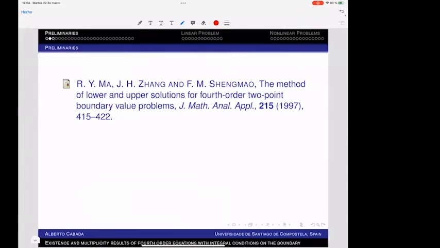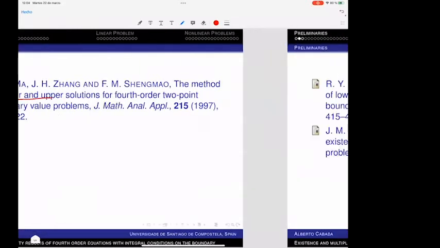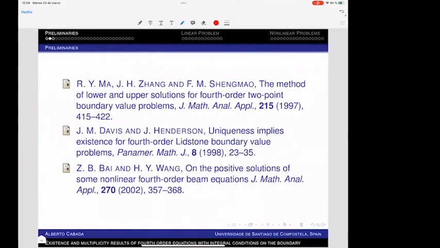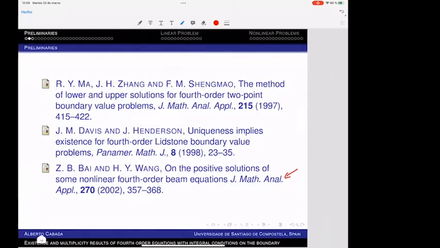This paper uses the lower and upper solution method. Davis and Henderson use the shooting method here to deduce existence of solutions. In this one they use the Leray-Schauder-Debré methods combined with properties of the Green's function.